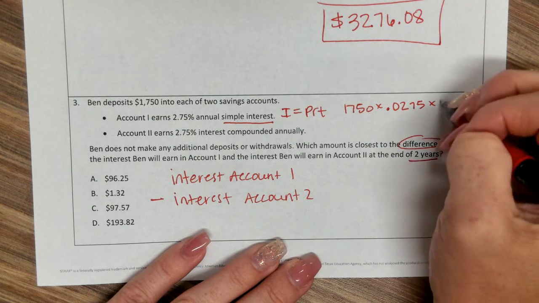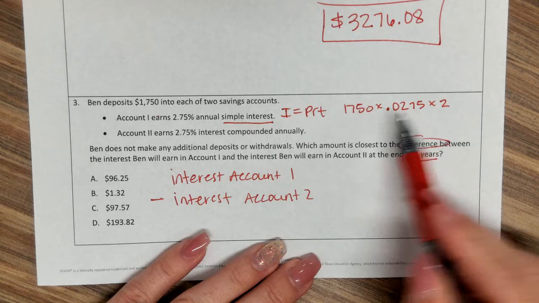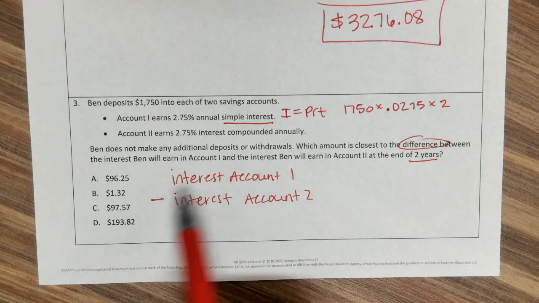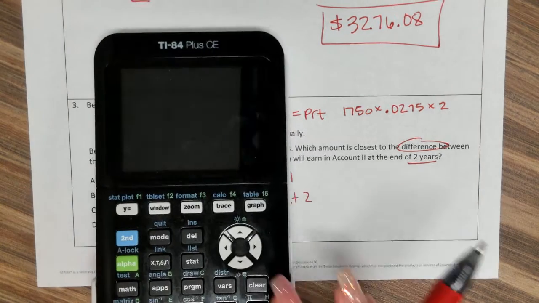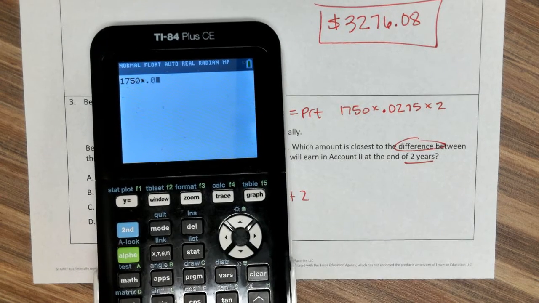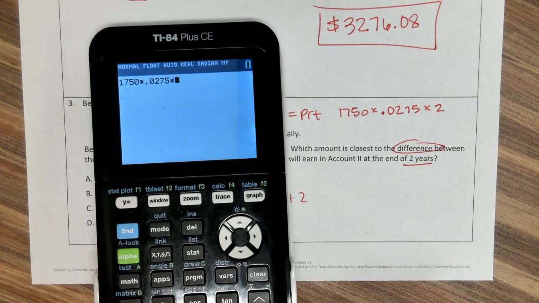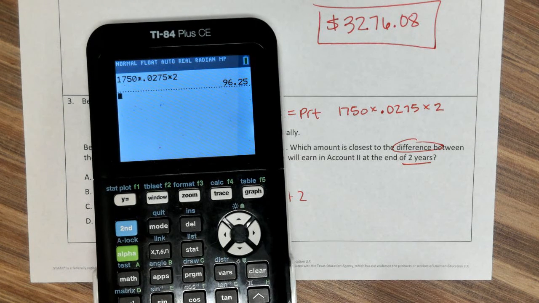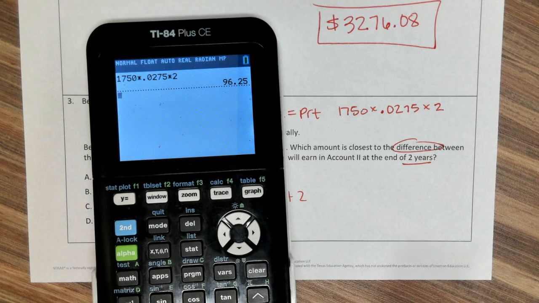Right here, 2 years. Once I multiply this, it's going to give me the interest, which is what I need. So 1750 times 0.0275 times 2. Did everybody get what I got?